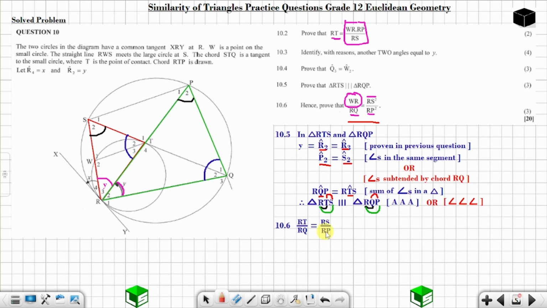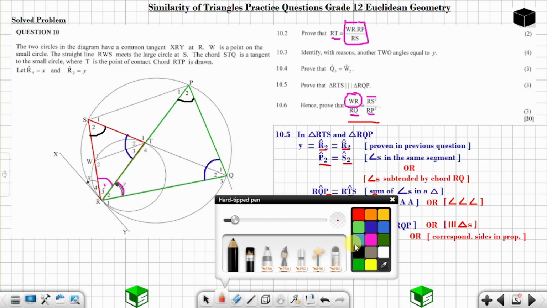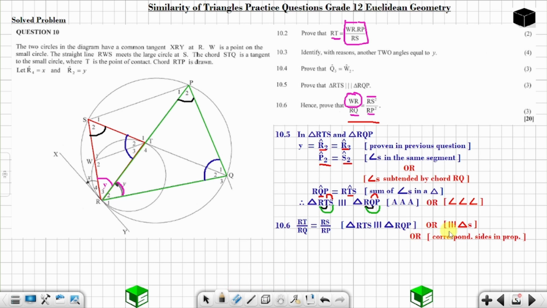So the reason why you can write the proportionality equation is because the two triangles are similar. Or you can say you have similar triangles. Or you can say you have corresponding sides in proportion. The most used is this.